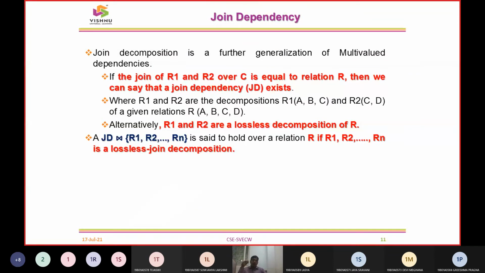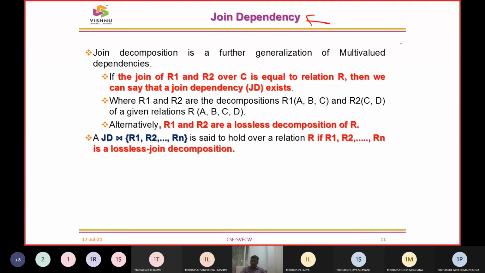Up to now, we talked about BCNF, followed by multi-valued dependency, followed by fourth normal form. Now, after multi-valued dependency, we have join dependencies.